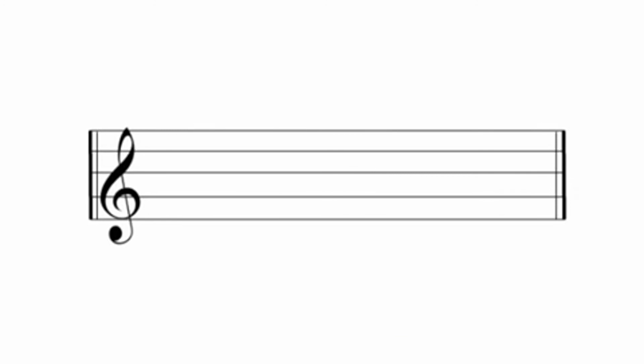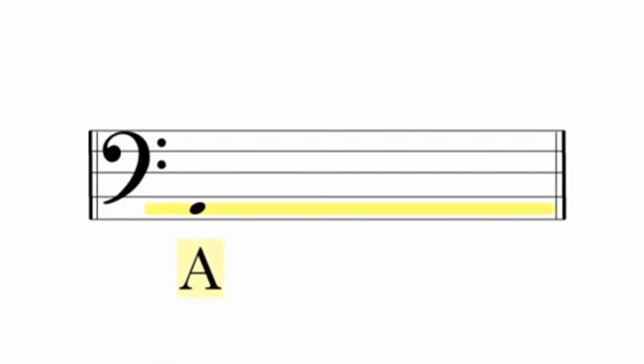Although slightly different than the treble clef, the same sort of technique can be used in order to remember the notes on a staff containing a bass clef as well. With the bass clef, the spaces, respectively from the bottom, are A, C, E, G. Now, remembering this isn't as easy as simply remembering the word face, as was the case with the spaces of a staff containing a treble clef.